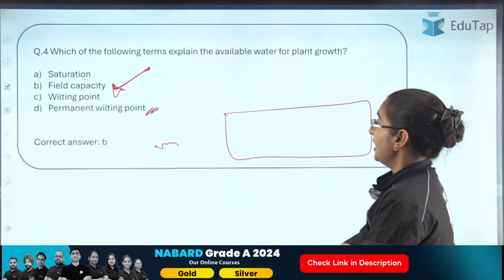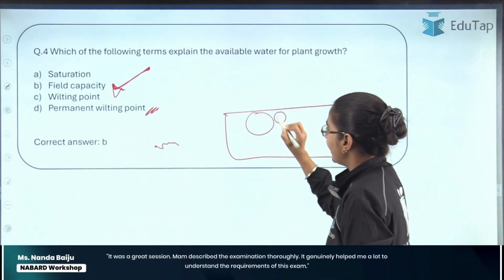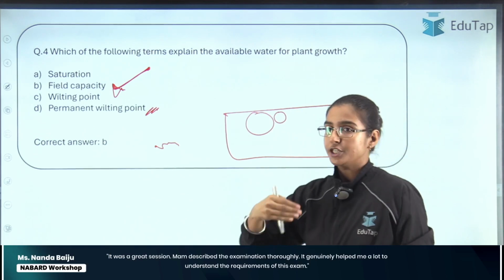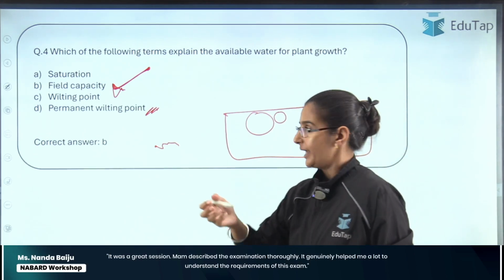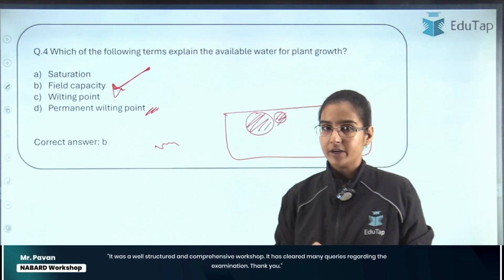See students, what happens is there are macropores and then there are micropores also, right? So initially when we supply the water to the soil, both these macropores and micropores will be filled with water, right?